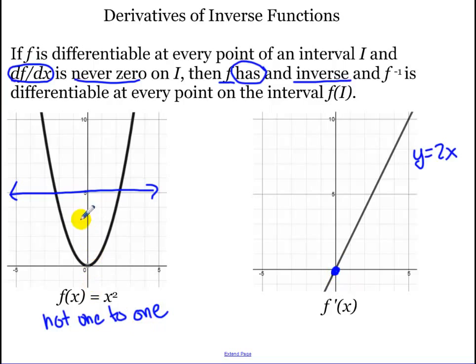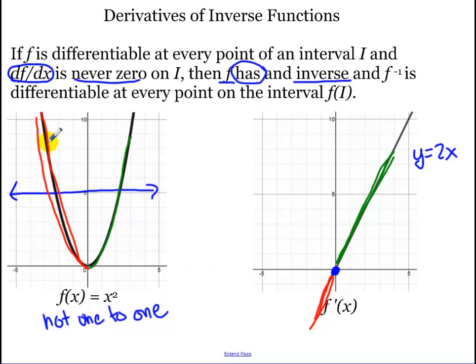Why is that? Because our y equals x squared function was decreasing, or these slopes were all negative, and then we changed to increasing, or the slopes ended up being positive.